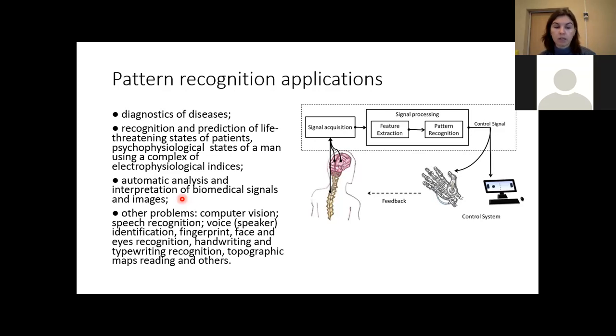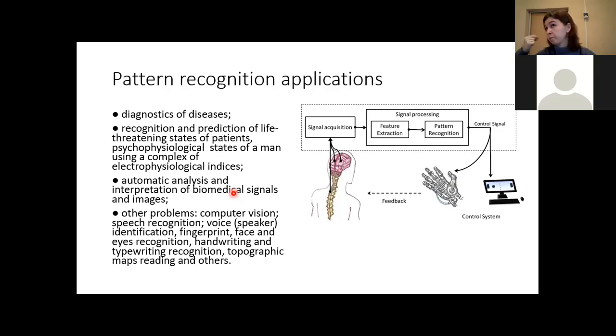Also, pattern recognition is used in computer vision and speech recognition, for example, systems which allow manipulating and working with interfaces using eye movements.